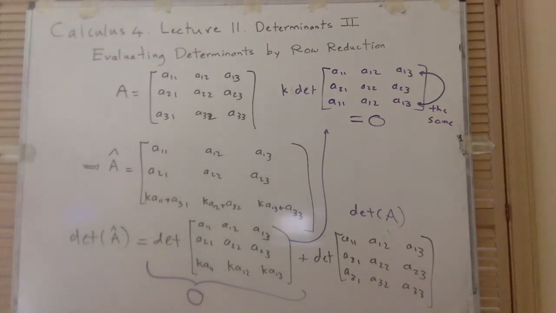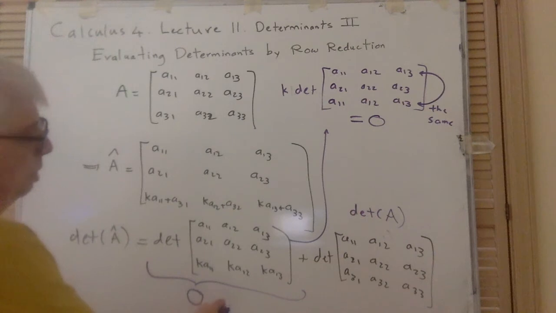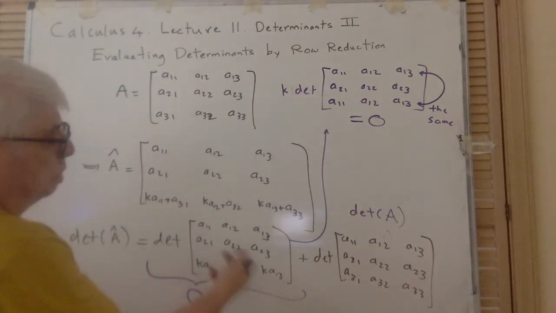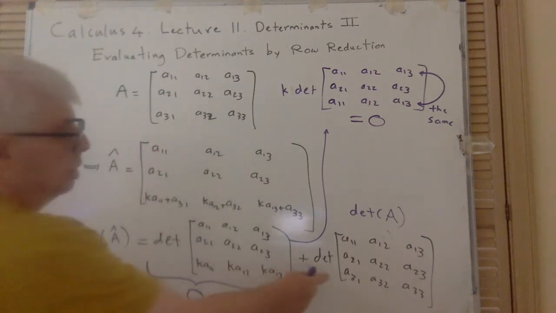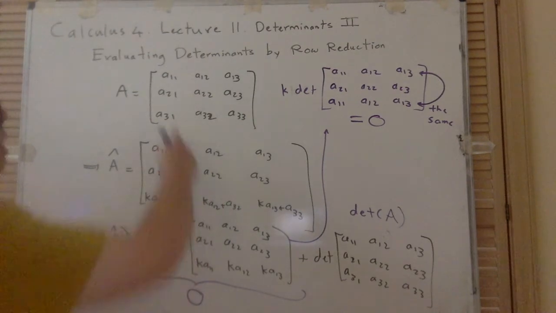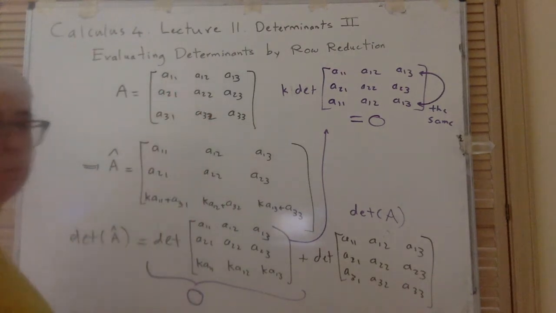So using all those facts, this decomposes into this, and this is 0, and then it just remains that. So this operation does not change the determinant. What can this operation do? It can make this triangle 0, so it can give me an upper triangular matrix, right?